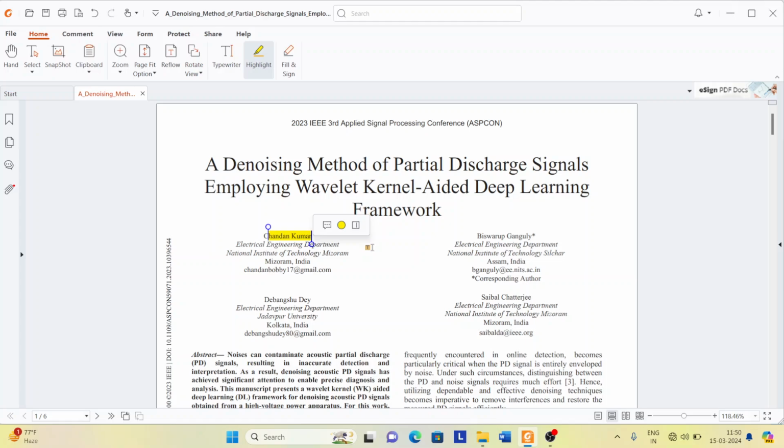After that, I have described the hardware and the software environment used for conducting the experiments. In the last, I have discussed the performance metrics used to evaluate the denoising methods, such as the signal to noise ratio and mean square error.